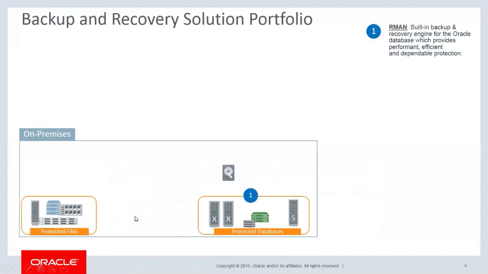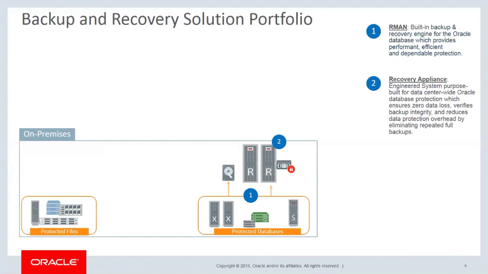The first option, which has been around for 20 years, is using RMAN to back up to local disk. That's a native feature of the Oracle database. RMAN is integrated, and it's the backup and recovery engine of the Oracle database. You don't need any additional component. You can just use RMAN to back up to local disk or to a mounted NFS share.